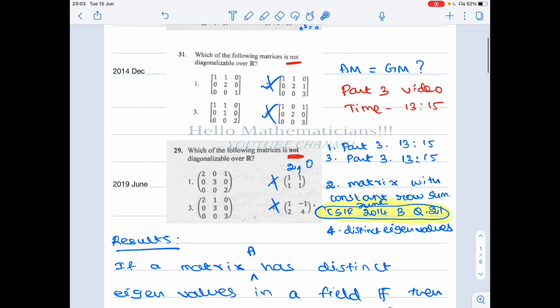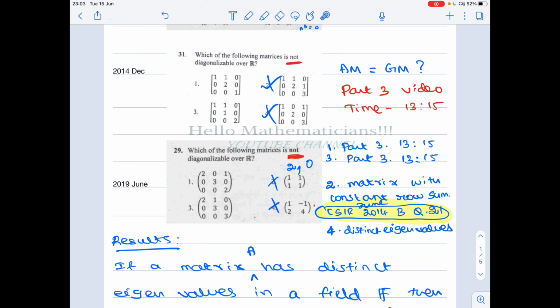Again, if you compare these two matrices with those two matrices, these two matrices also have two distinct eigenvalues with one eigenvalue repeated twice.